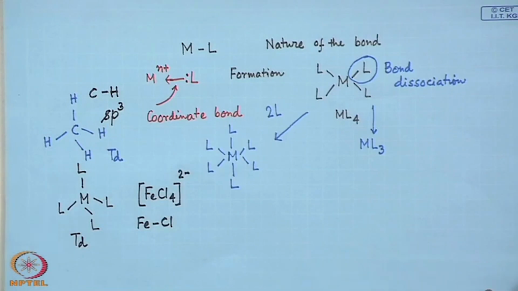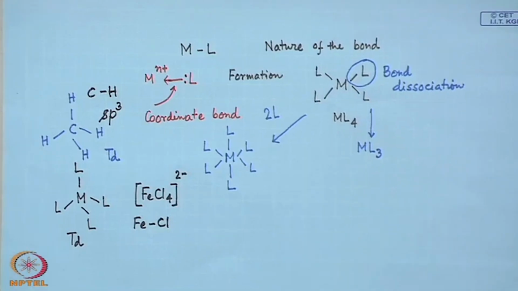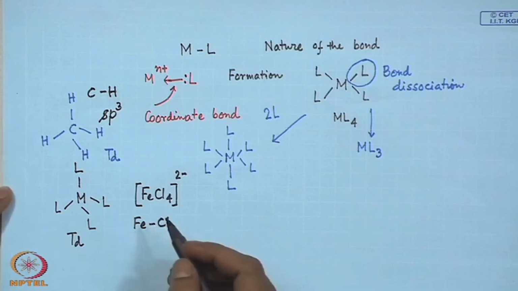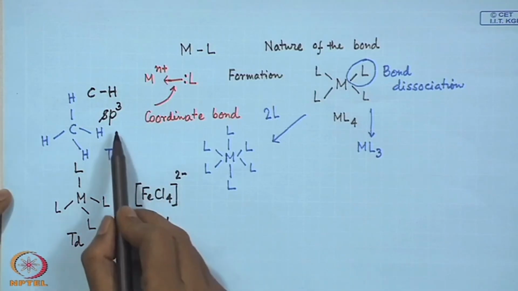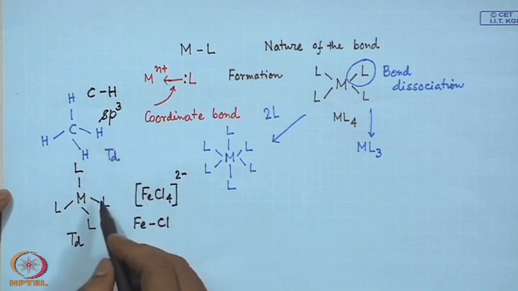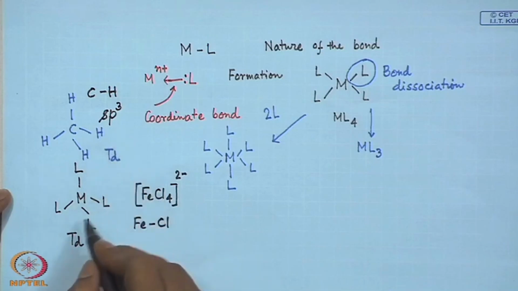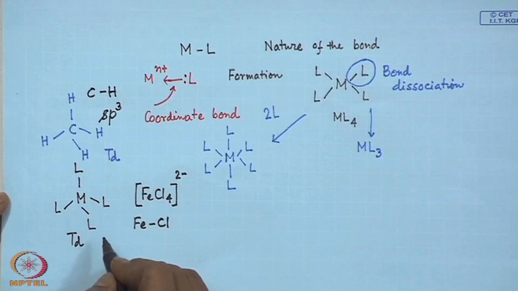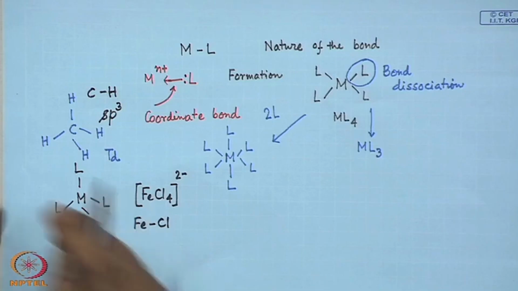The hybridization concept was introduced in the time when people were talking about how the electron pairs are shared between two atoms during the formation of the covalent bond, and the same hybridization concept was extended towards the formation of these metal complexes also.